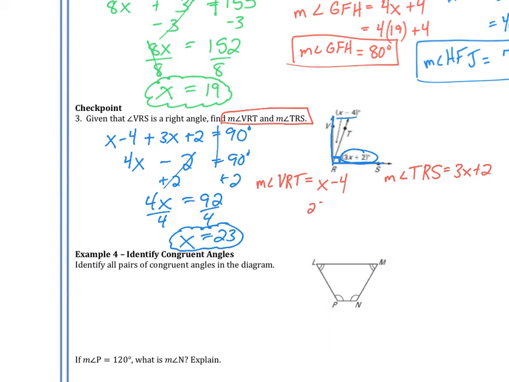So it would be 23 minus 4, which is 19. And it's 3 times 23 plus 2, which is 71 degrees. So we get 19 degrees and 71 degrees. That would add up to 90.